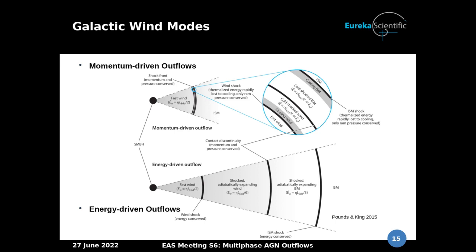In energy-driven outflow, the shock region is much wider and we don't have very strong cooling. However, in the momentum-driven outflow, the shock region is very narrow and rapidly cools. We don't have the formation of an extended hot bubble.